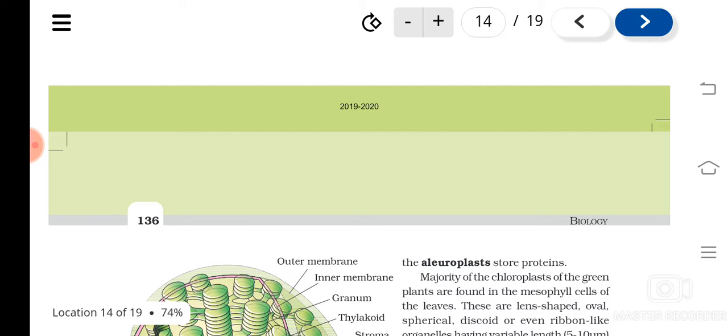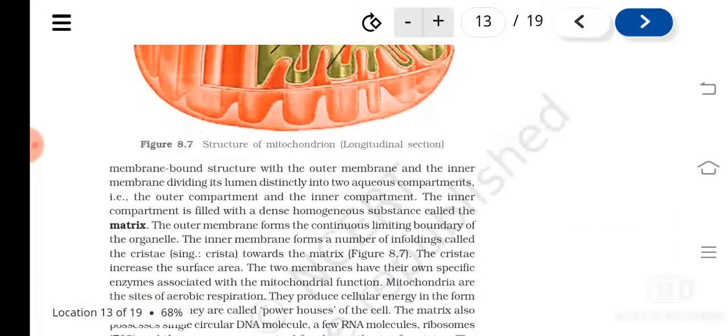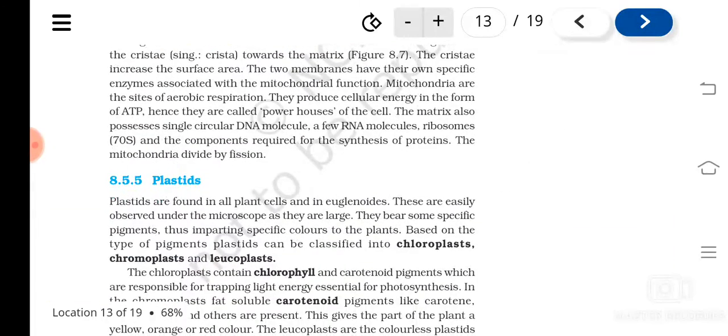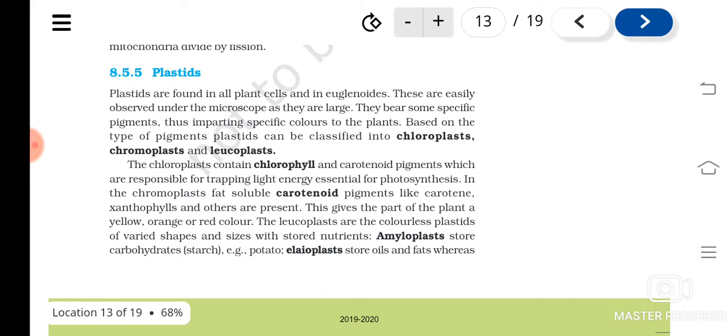So what are plastids? They are cell organelles which contain various pigments. And I told you they are of different types depending upon the pigments they bear. Chloroplast contains chlorophylls and carotenoids. Chromoplast contains carotenoid pigments like carotene, xanthophylls, etc. And leucoplasts are colorless plastids.